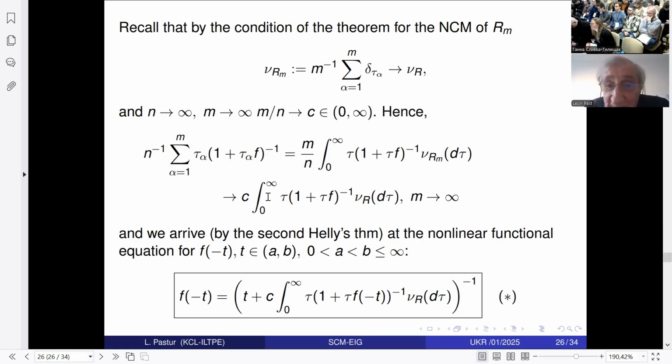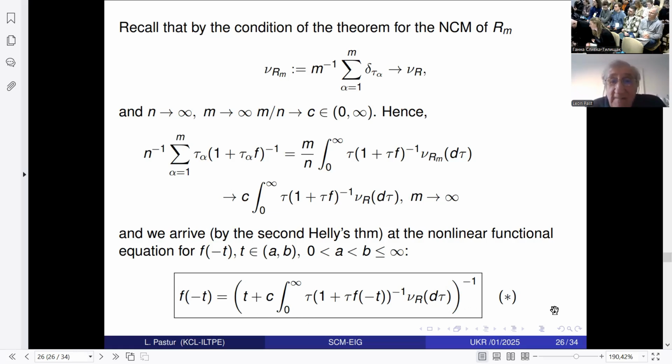So I can pass to the limit, and I arrive as a result at this equation for the Stieltjes transform of the limit of a subsequence of measures, yes? So what did we prove?